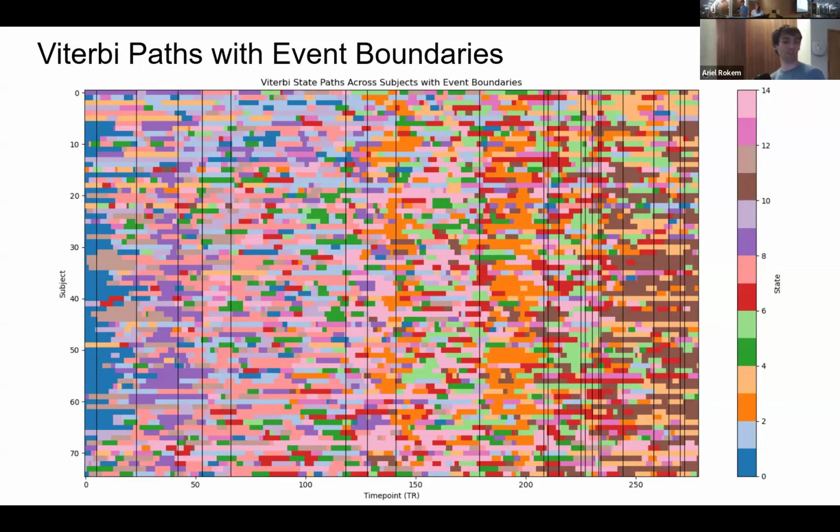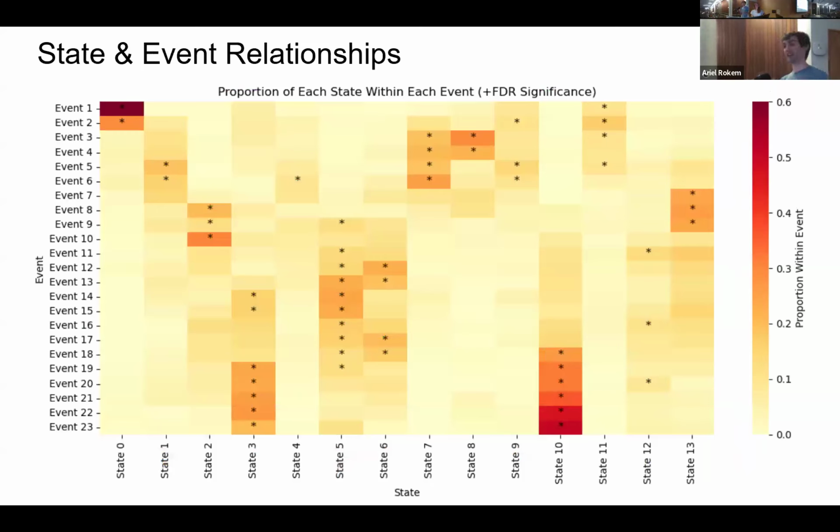We also have a second view that might be a little more digestible, where we checked, with false discovery rate corrections, which states are dominating each of the events, so we can see the same pattern that I just described statistically validated.